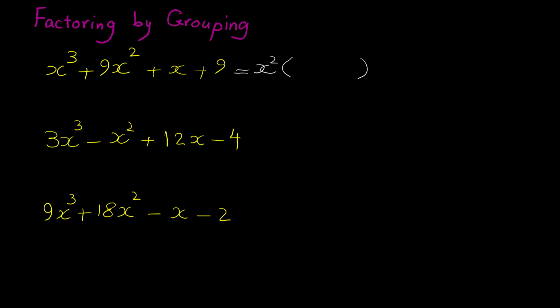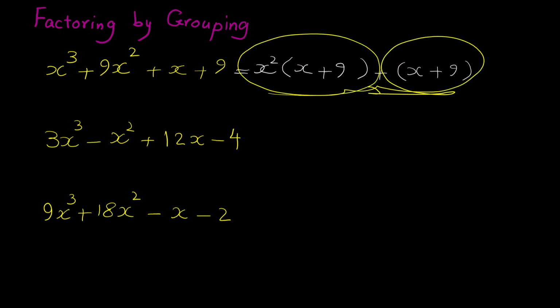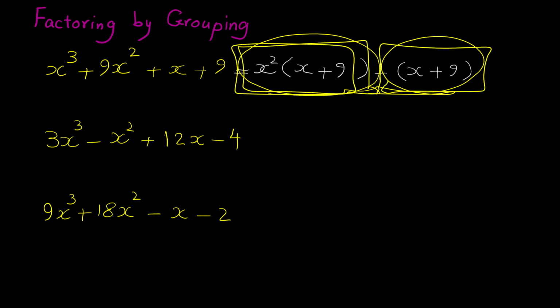If we factor x to the 2 from these two terms, from the first term we have x, and from the next term we have 9. And we leave the next two terms, x plus 9, because nothing is common between these two terms. Now we notice that x plus 9 is common between these terms and this term. Attention, this is a term separate from this term, because between them we have a plus.